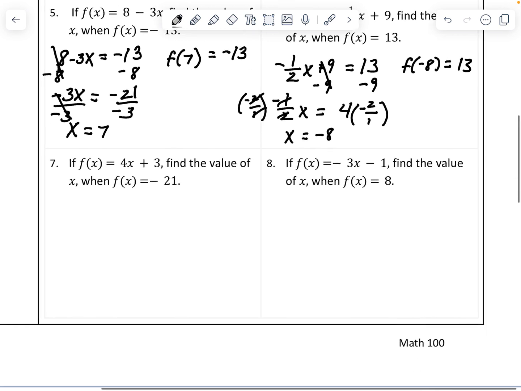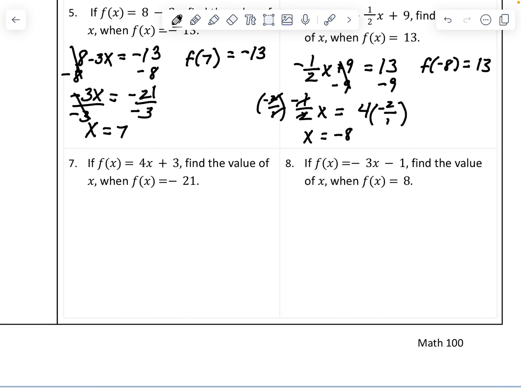All right, so if f of x equals 4x plus 3, find the value of x when f of x equals negative 21. In other words, I know my output is negative 21, and I'm trying to figure out what my input is to get negative 21. So I need to solve for the value of x when my output is negative 21.